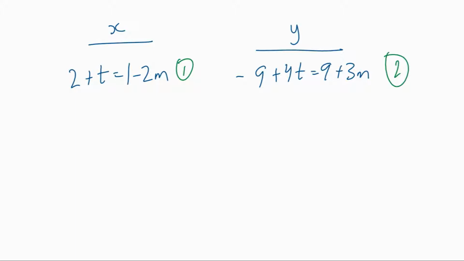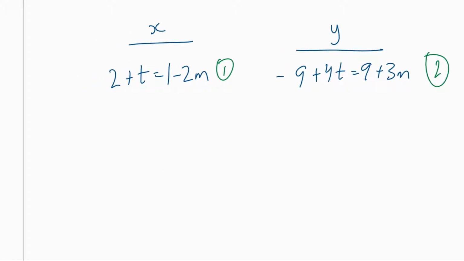So what I'm going to start with is I am going to multiply equation 1 by negative 4. Okay. And that gives me negative 8 minus 4t equals negative 4 plus 8m.